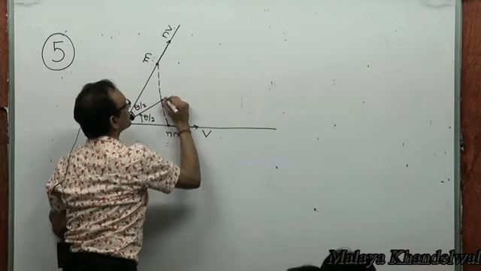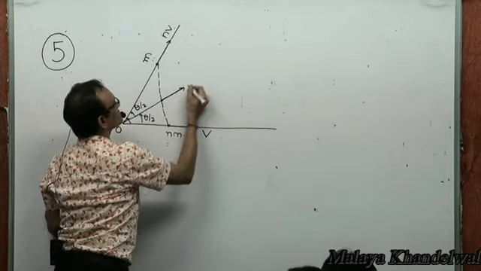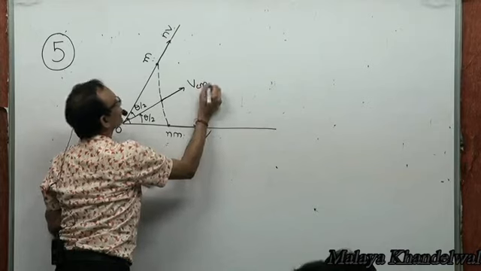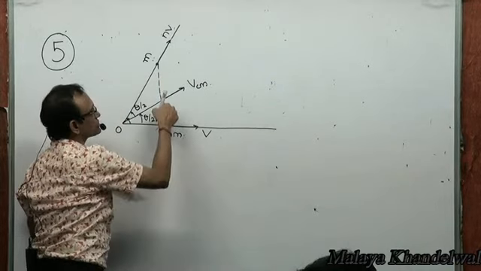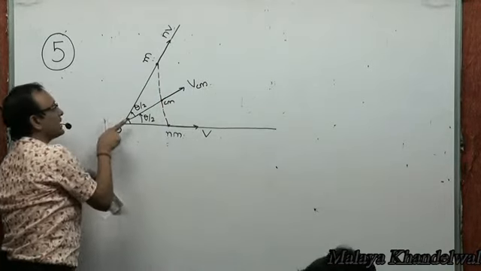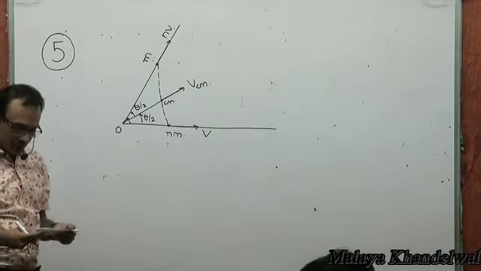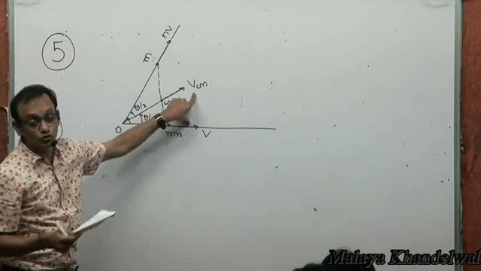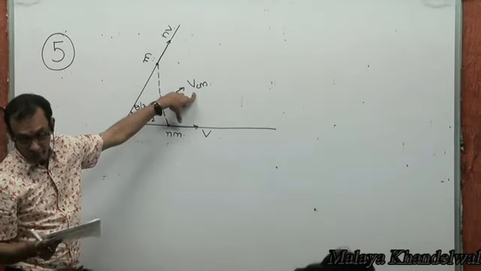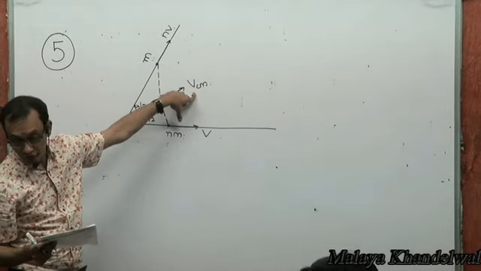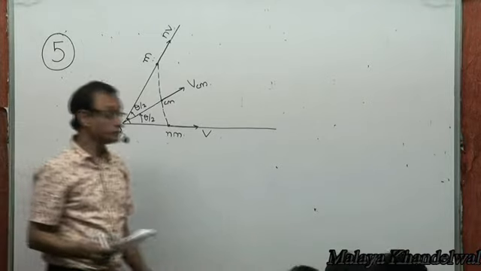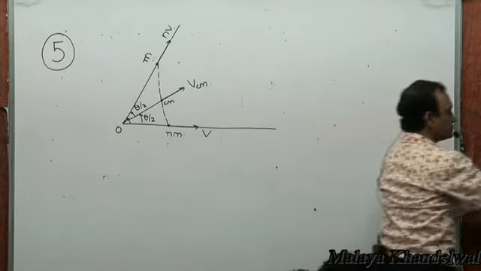The center of mass moves like this along the angle bisector. This is m1, m2, this is the center of mass of the two particles, and it's found to move along the angle bisector between these two lines, right? We want to find the magnitude of VCM. Clear? Okay.